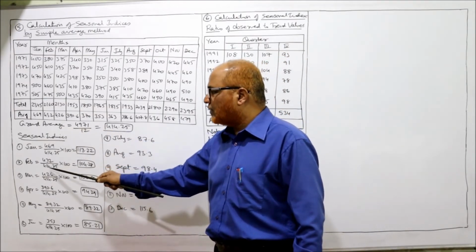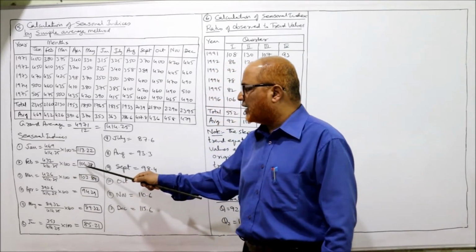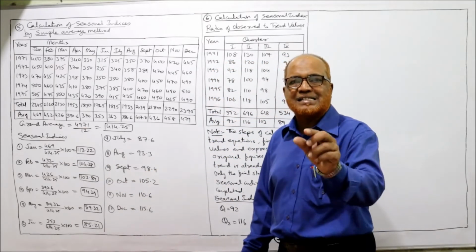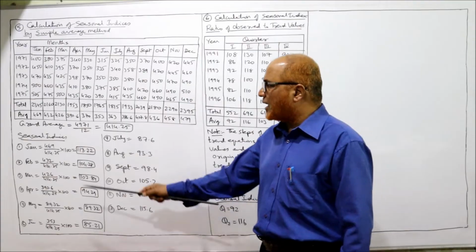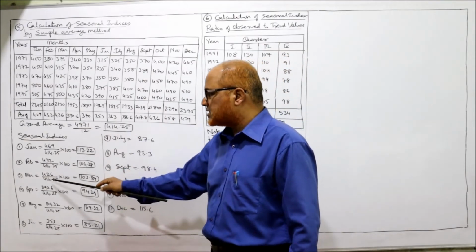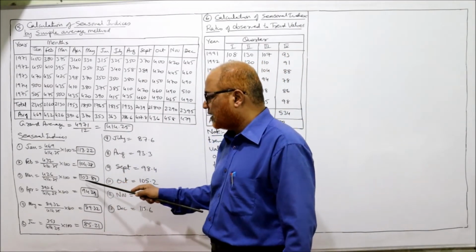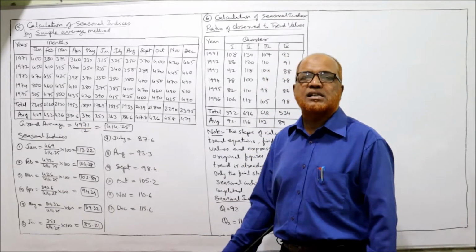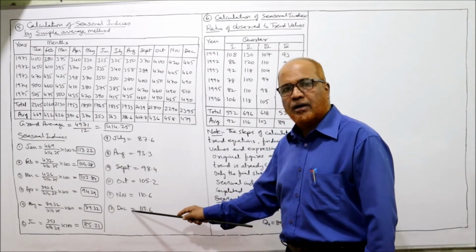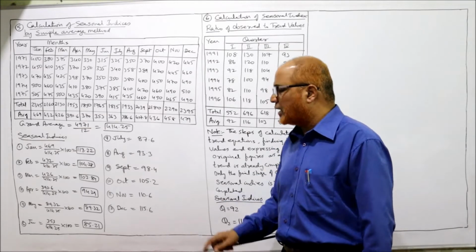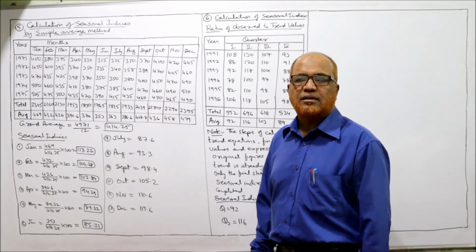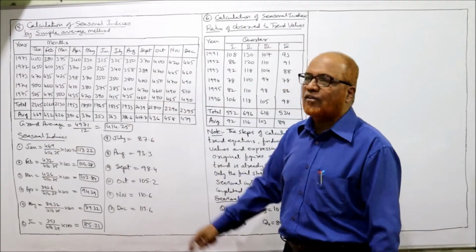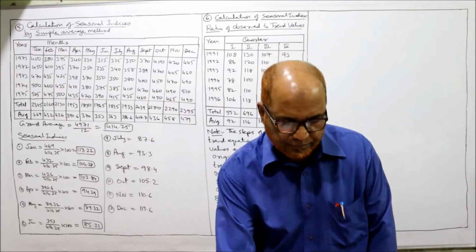So 432 divided by 414.25 into 100. 104.28. This is the seasonal index for Feb. Now March. 426 by 414.25 into 100. 102.84. Like this, you have to calculate for all the seasonal indices up to December. So December seasonal index 115.6. That's all. So this is the end of problem number 5.